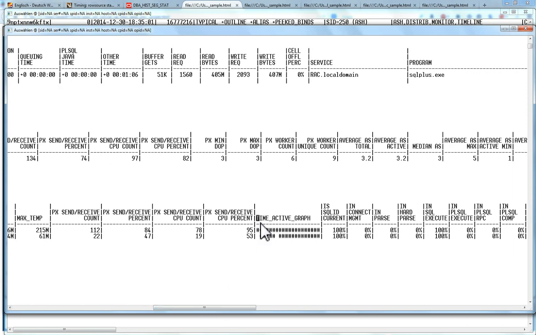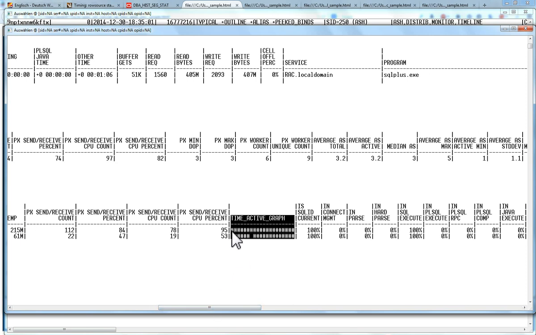One thing that you get here that you do not get from the global summary is a graphical representation of the activity pattern. So, for example, you might have a case where in between, some instances were not really doing anything about this execution, had no active parallel execution servers involved, and therefore sometimes this time active graph can be helpful for understanding the execution profile.